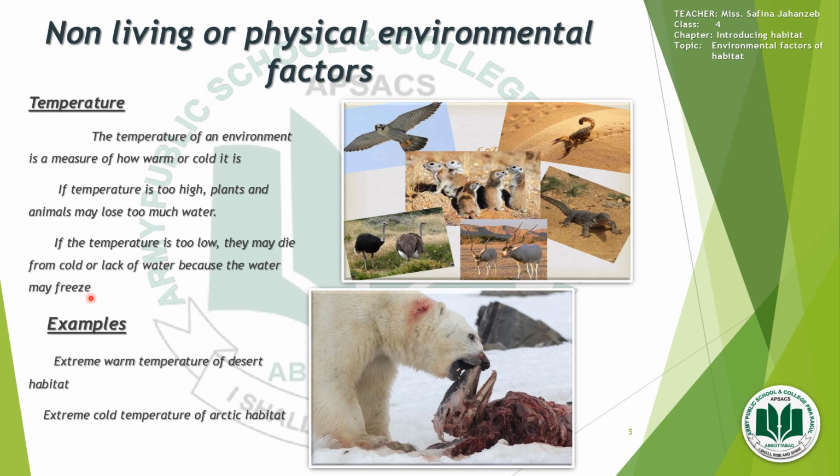So it shows that temperature matters a lot for the existence of animals in any habitat. Examples are the extreme warm temperature of desert habitat and the extreme cold temperature of Arctic habitat.